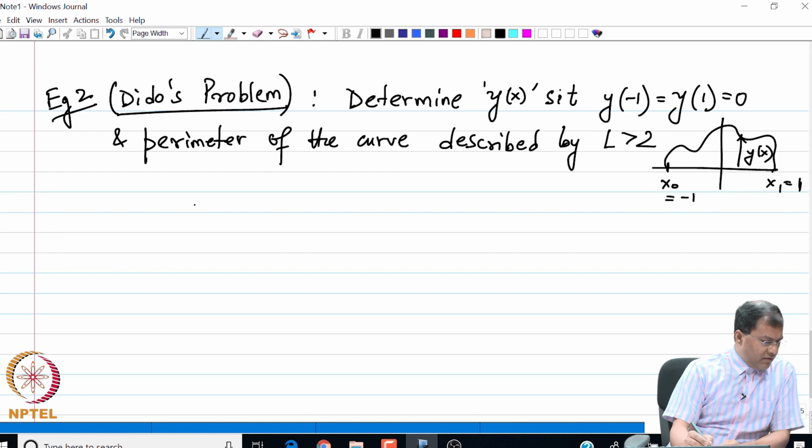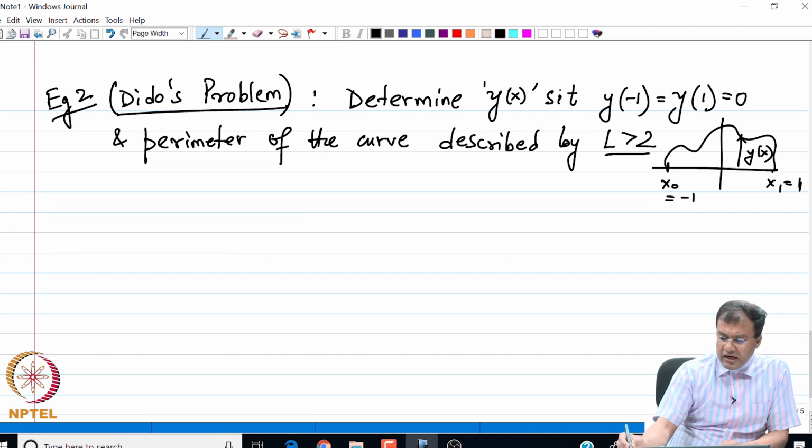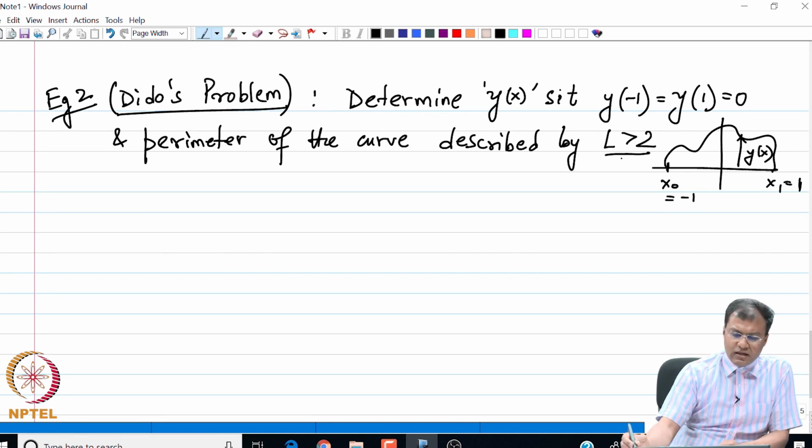The reason we have taken L strictly greater than 2 is because if L is equal to 2, then the length will only be lying parallel to the x axis, because the length along the x axis is 2, and L less than 2 does not make sense, we will not get a curve. So L has to be necessarily greater than 2.